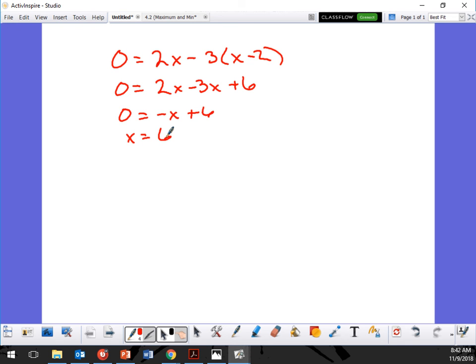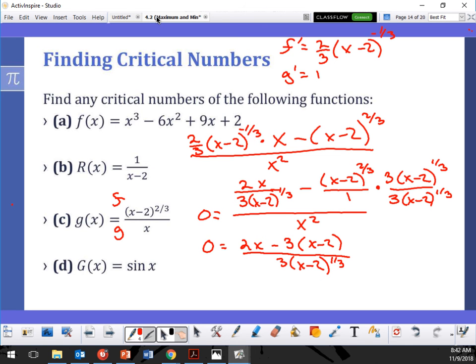Because before we divided it all by 3. Hold on, that's where I was getting at. We multiplied it by (3x minus 2) to the 1/3. Take a look. Can I have that? Yes. Can I have that? Look at my function and now look at my derivative.